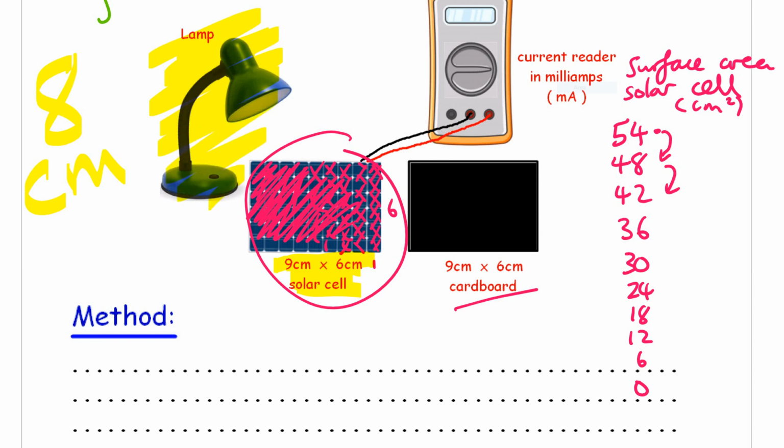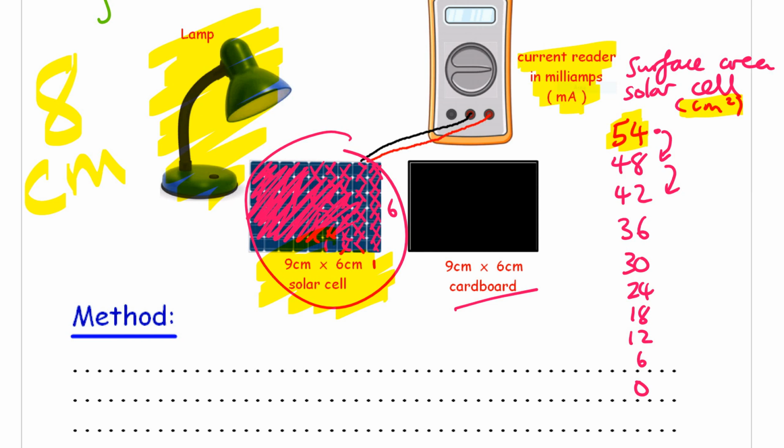Attach a current reader in milliamps to the solar cell. Turn on the current reader in milliamps for the solar cell with a surface area of 9 times 6, which is 54 centimeters squared.